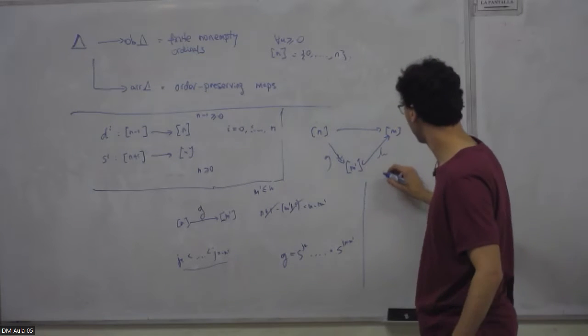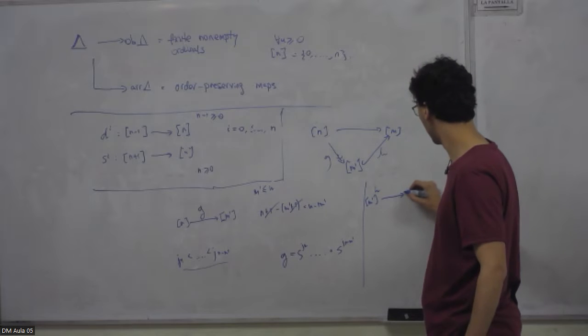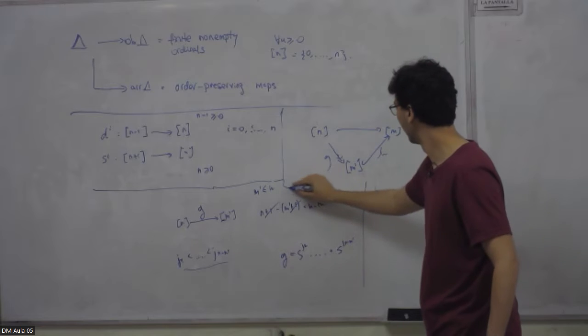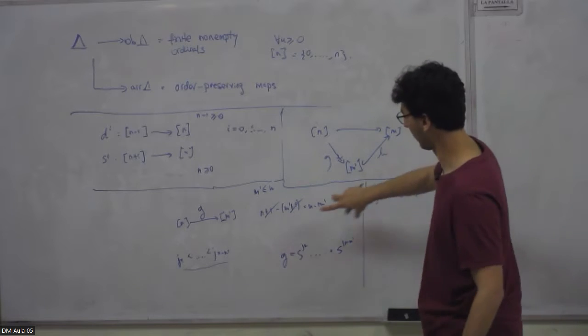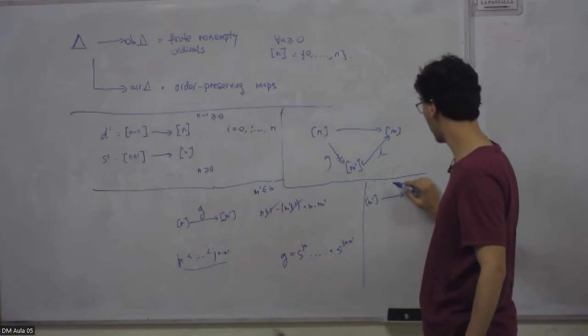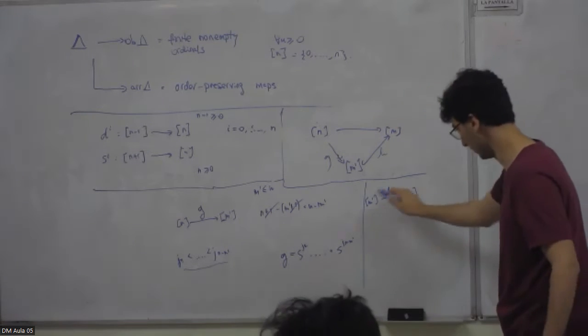And dually, if we have an injection, order preserving, of course, from m prime to m, I've just borrowed the notation from here because I want to apply it to this case again. We have any order preserving injection between these two ordinals.